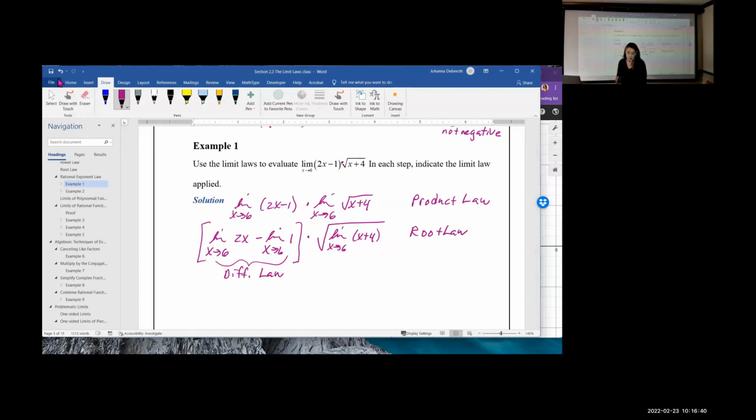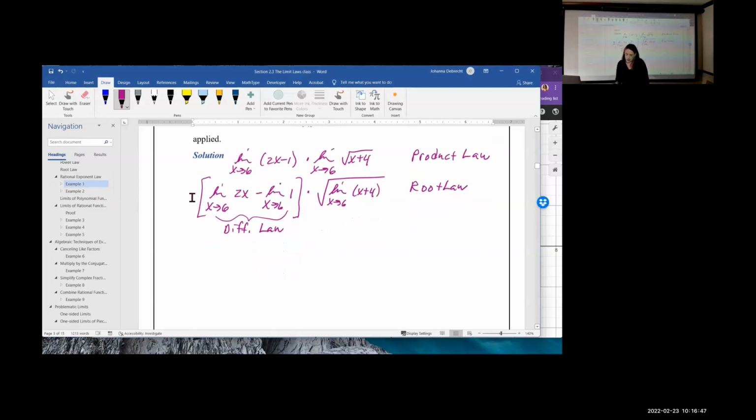Does everybody see? I'm applying them one step at a time. All right, justifying it each step. The next thing I'm going to do to the first limit in the left factor is I'm going to factor out the 2, and that's going to be the constant factor law.